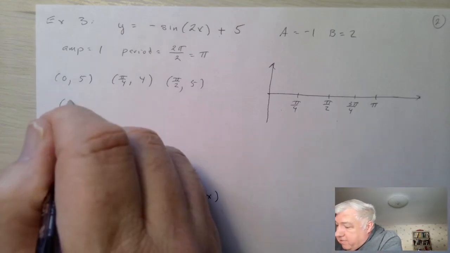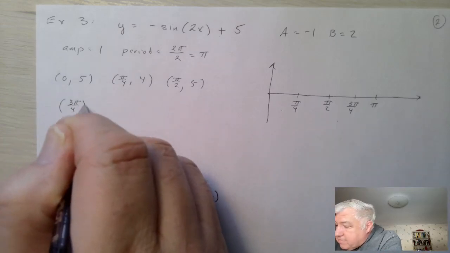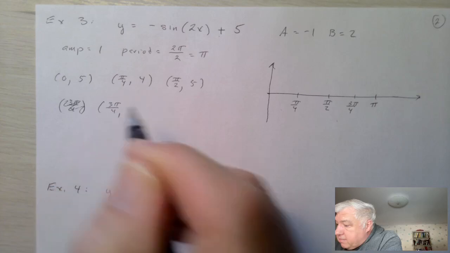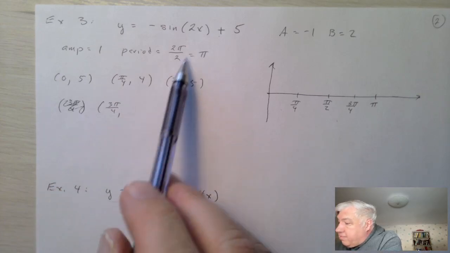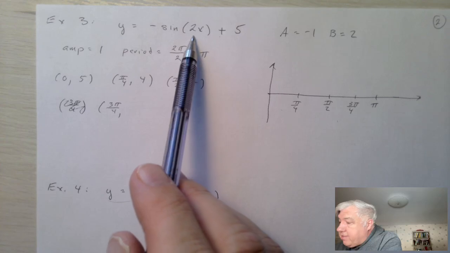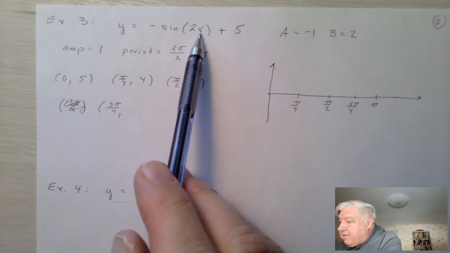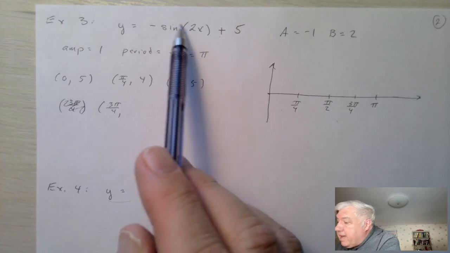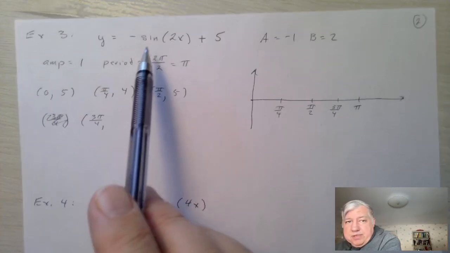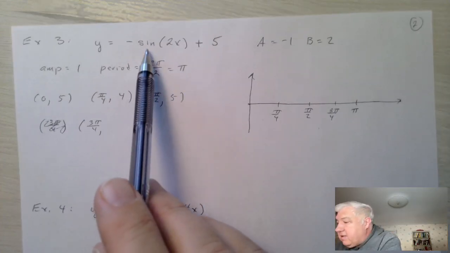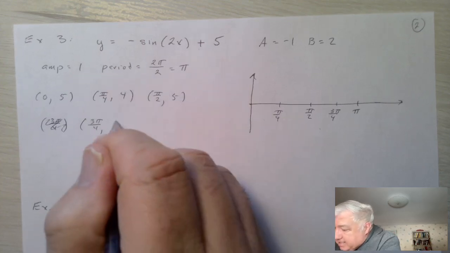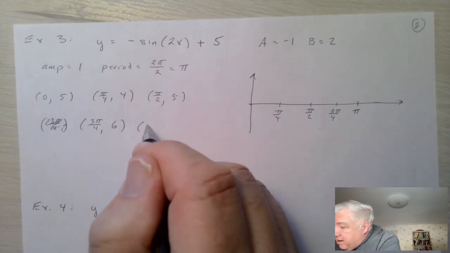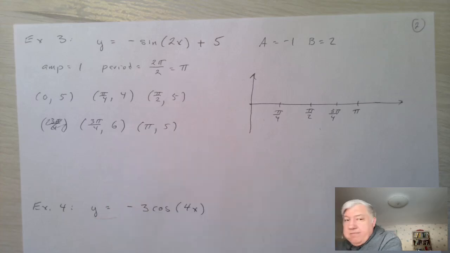For 3 pi over 4, you plug that in here, you'll get 3 pi over 2, so that will be negative 1, but negative 1 times minus sign, that's positive 1. Positive 1 plus 5, that's 6. And then you can check that the next one at pi, this will be 5 again.